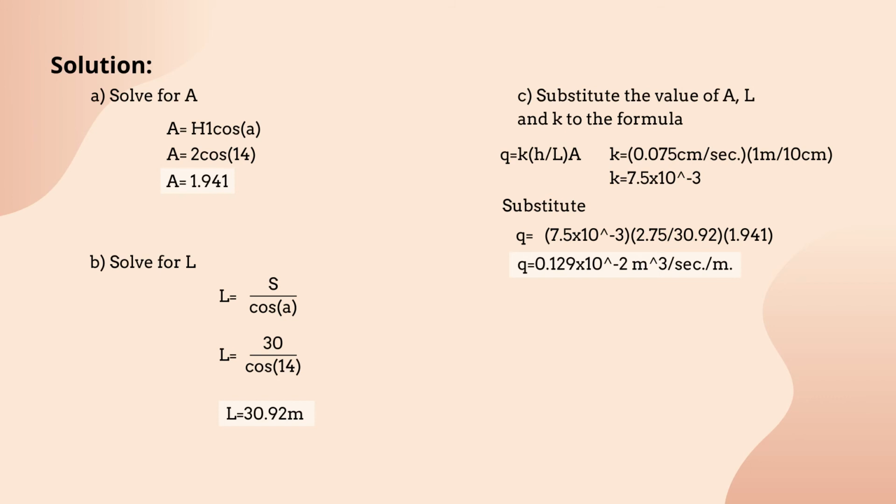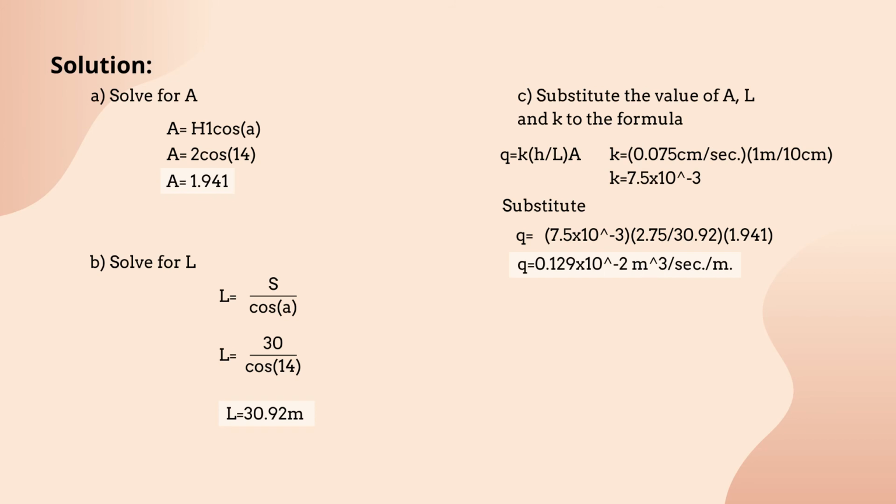Now that we have the value for A and L, we can substitute them into our formula of Q, which is equal to K times h over L times A. Since our k is in centimeters per second and our values for the distance are in meters, we need to convert it to meters, and to do that we multiply it by 1 meter over 100 centimeters.